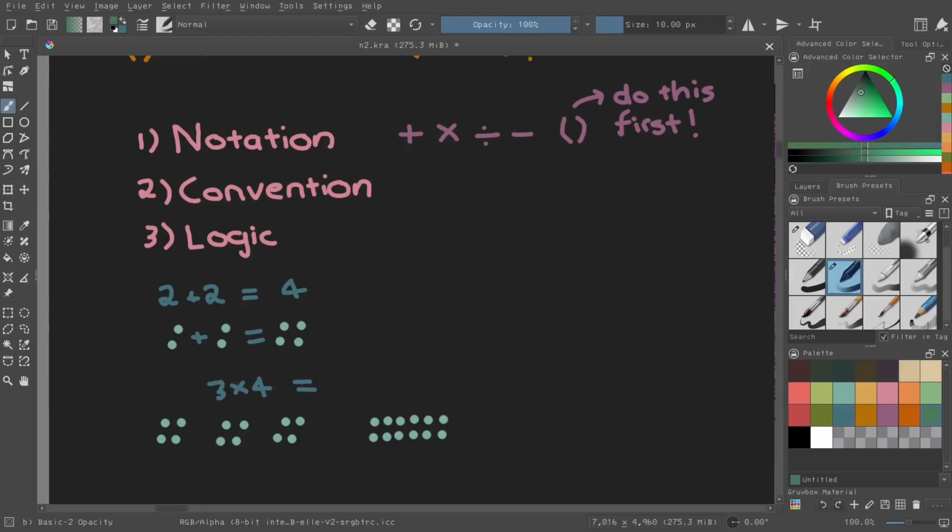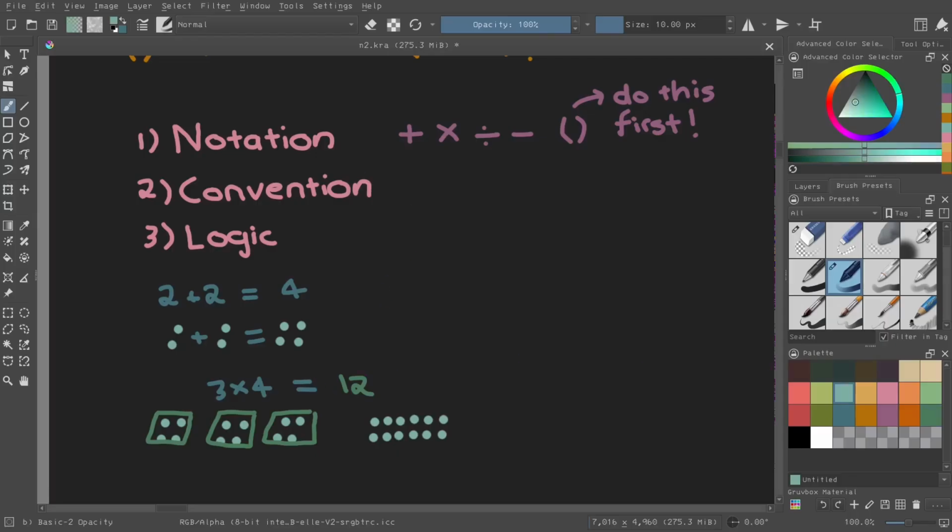If we had to do our grouping here, this is one group of 4, this is another group of 4, and this is our final group of 4. So you've got 3 groups, and inside each group we've got 4 elements. So this is working on groups of units, so it's not working on units anymore. This is why we've got this taking precedence over that. And the answer to this is 12.